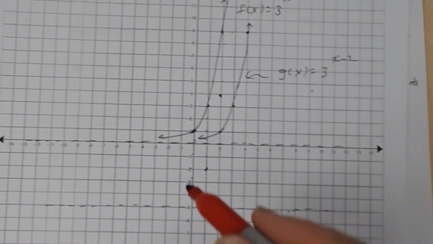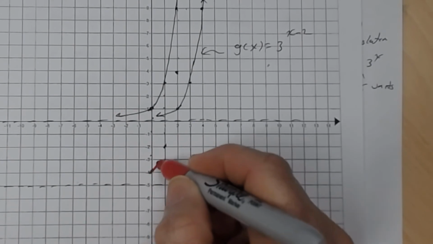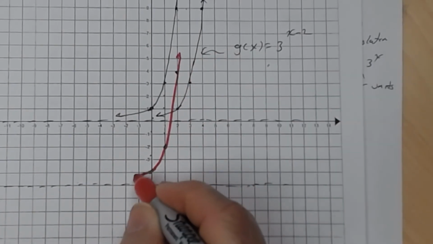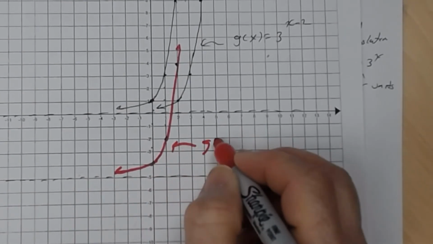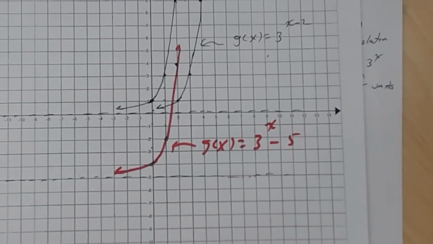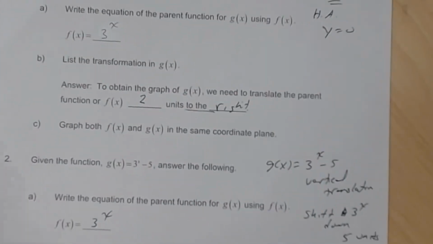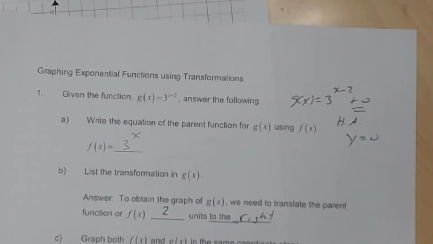Here's the graph of g of x in this case. Do the best you can with drawing this. So this right here is g of x equals 3 to the x minus 5. Okay? All right, so that takes care of these 2 problems using transformations.